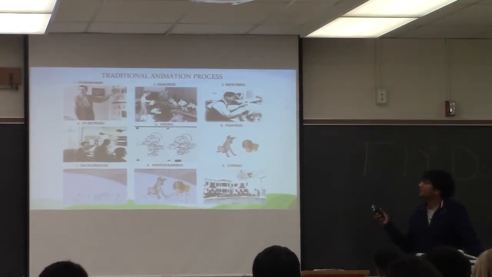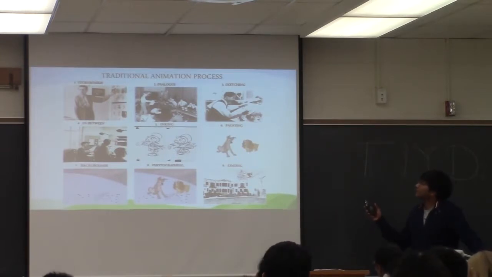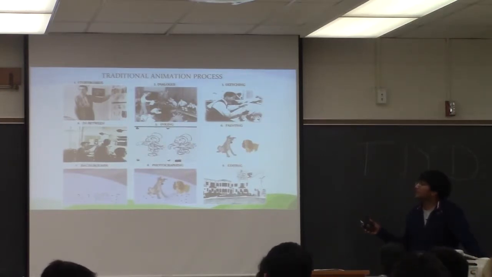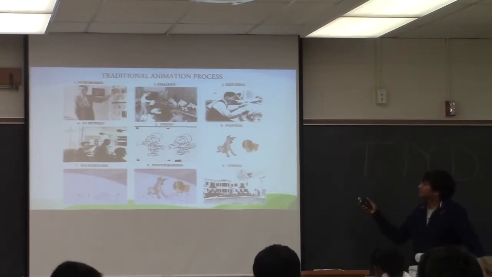Painting is basically done in the computer; the basic difference between inking and painting is that inking is done on paper and painting is done in computer applications. Then in the seventh step, background is developed to move these pictures, and at last photographing and editing. These are the common steps in the traditional animation process.